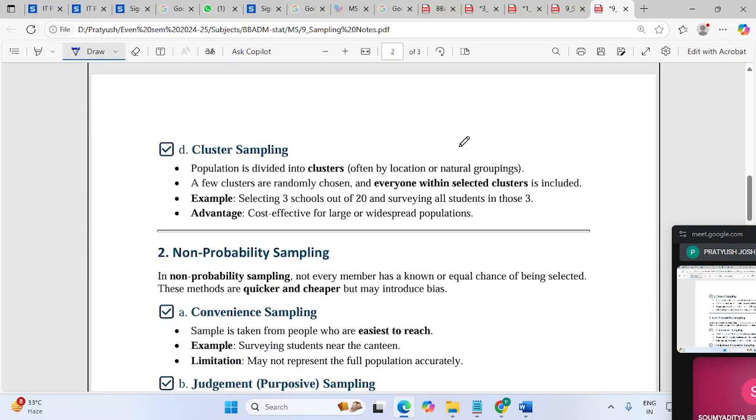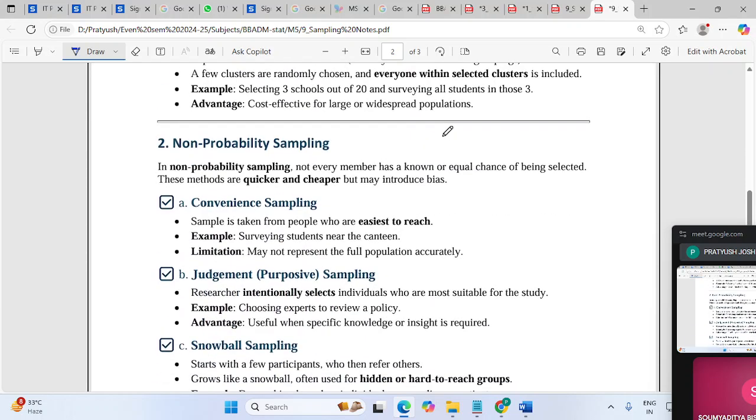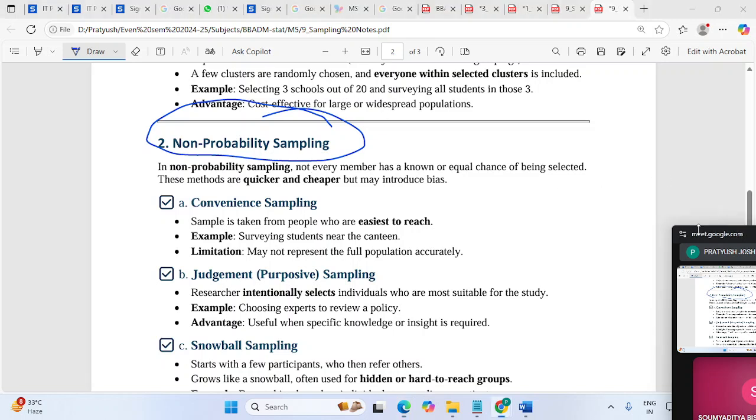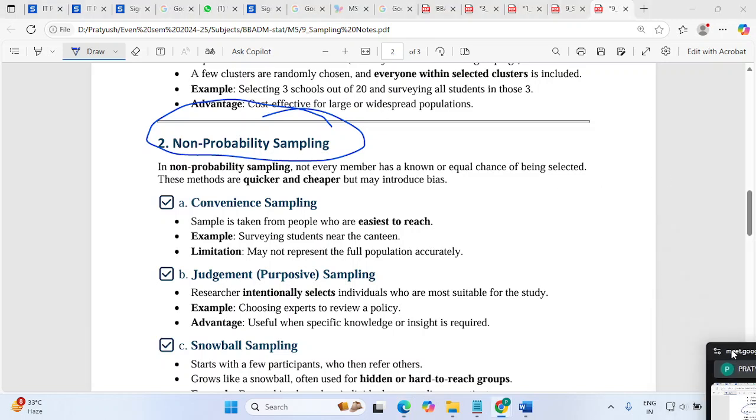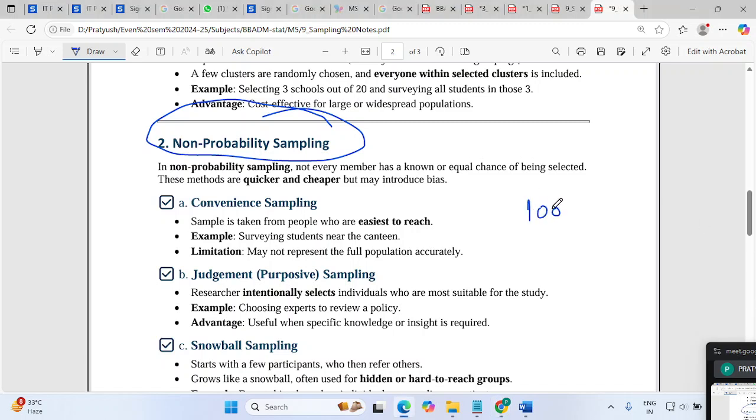Okay, I'm not going into detail of this. After that, let's discuss non-probability sampling. So non-probability sampling is where you are slightly biased. For example, let's say you get a task. You go to a company, let's say an ice cream company. So suppose you have an internship at an ice cream company, and that company has given you a task that you have to ask 100 people whether they like the chocolate flavor of that particular ice cream or not.